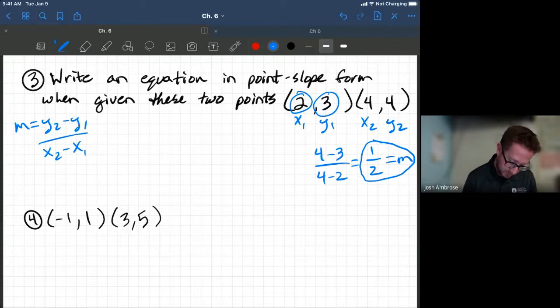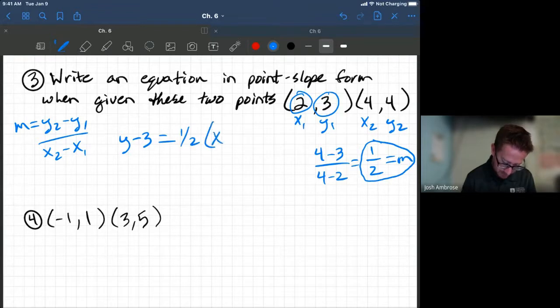So we have a y minus 3. We got the 3 value right here. Then equals, and our slope is 1/2, and x minus 2.